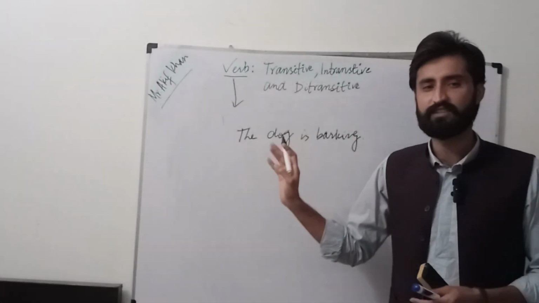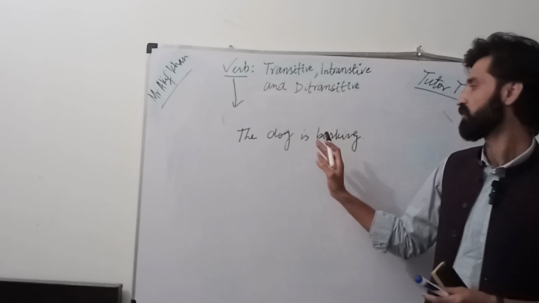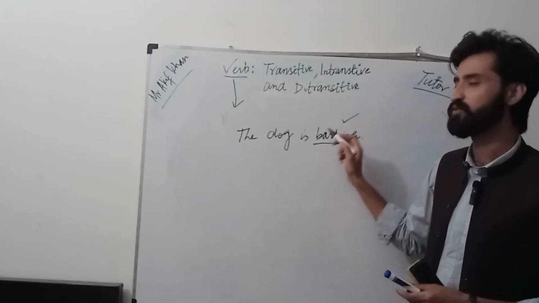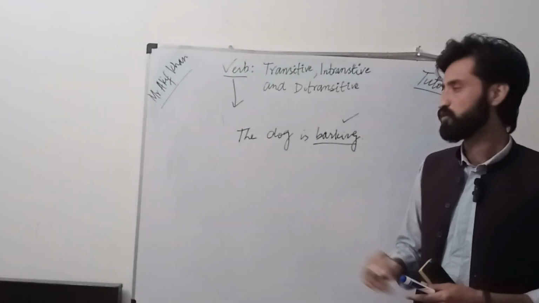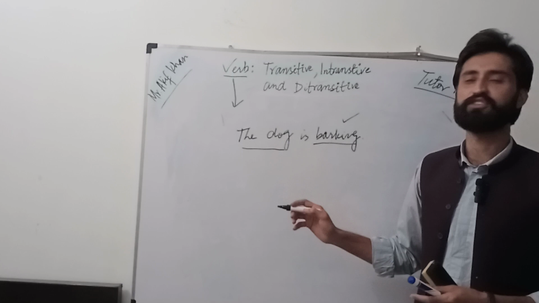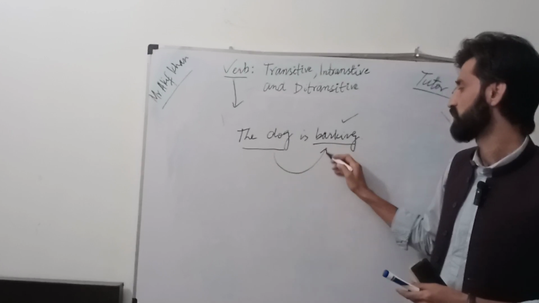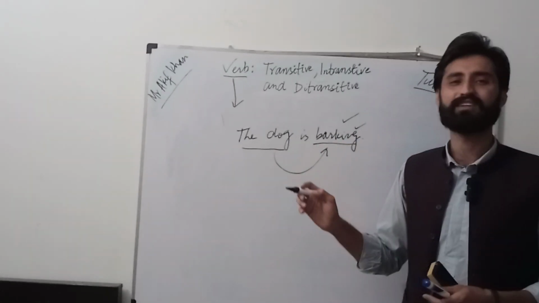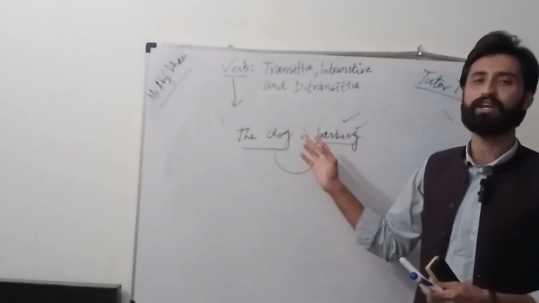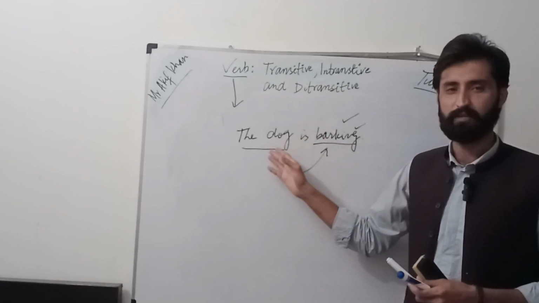So if you look at this sentence, we can see that the action that is going on is barking. So the dog is a subject which is performing an action, that is barking. So that is why we can say that barking is an action because it is something that is going on and that is being done by the dog.